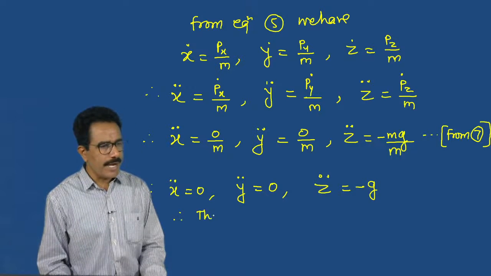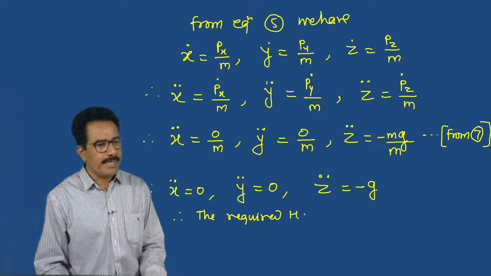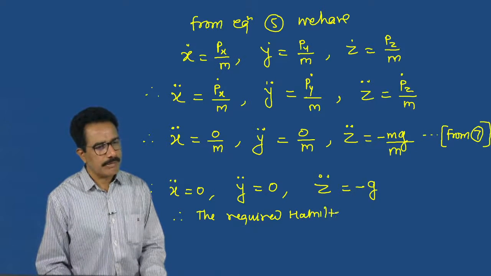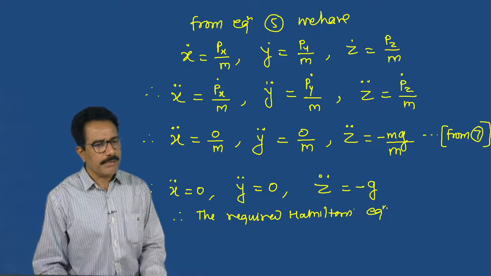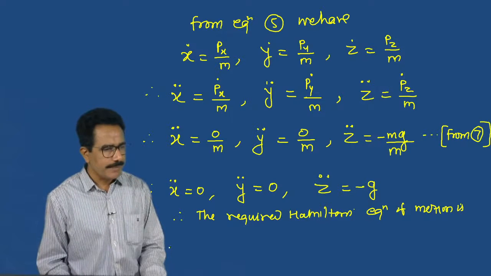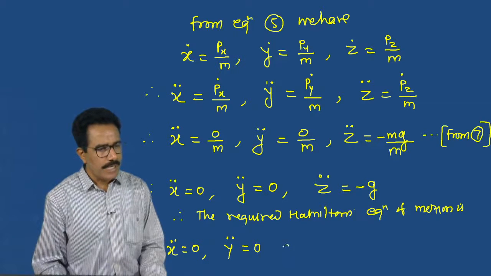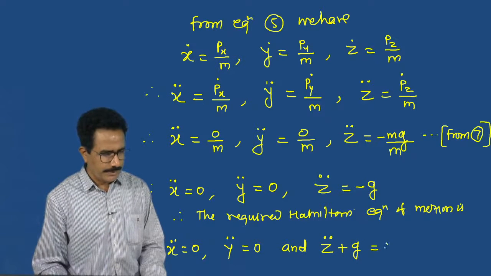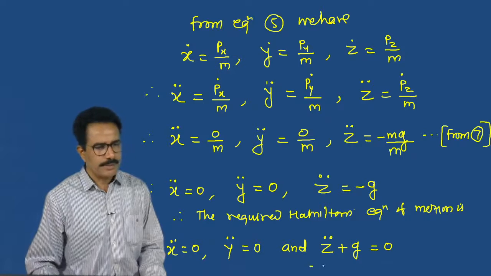Therefore the required Hamilton's equation of motion is: x double dot equals 0, y double dot equals 0 and z double dot plus g equals 0.